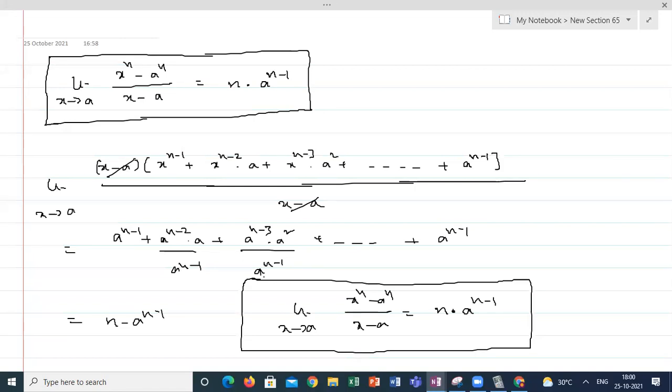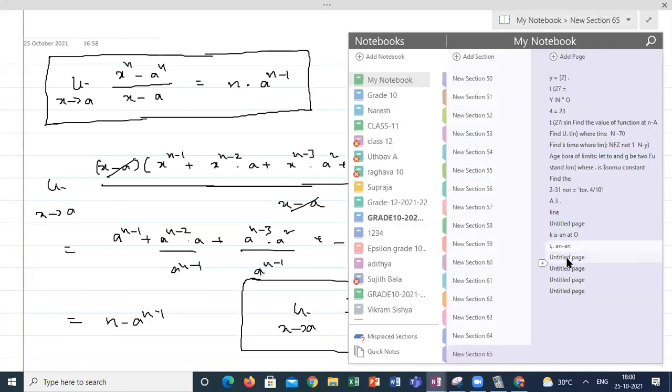So based on this, we will see a few questions now. Evaluate limit x tends to 1, x power 15 minus 1 by x power 10 minus 1.